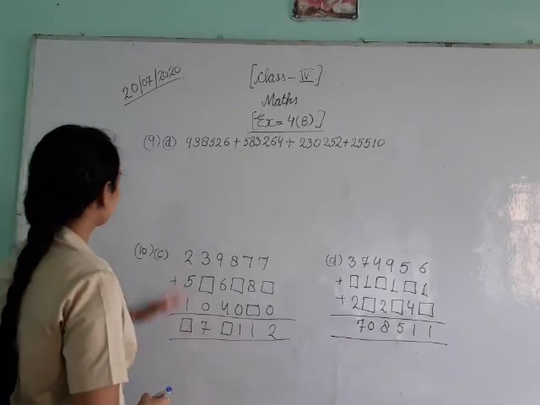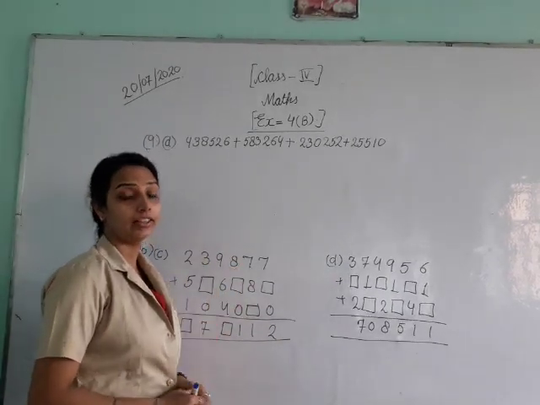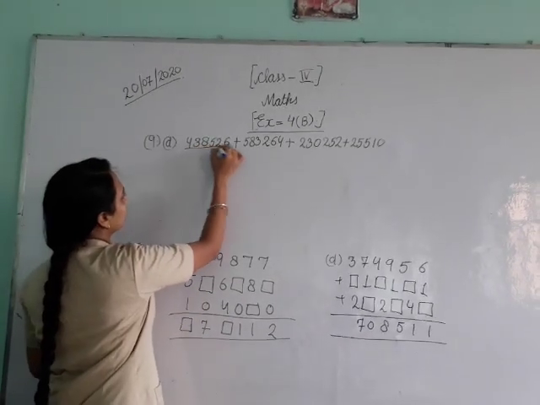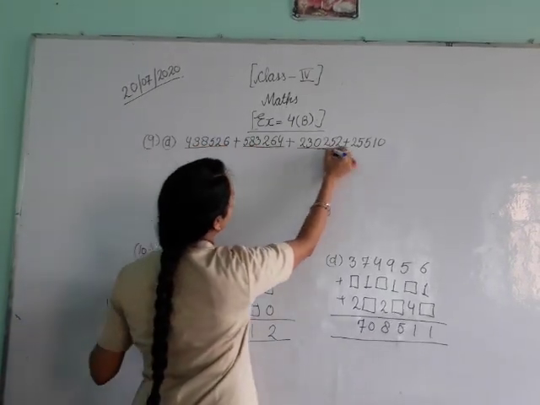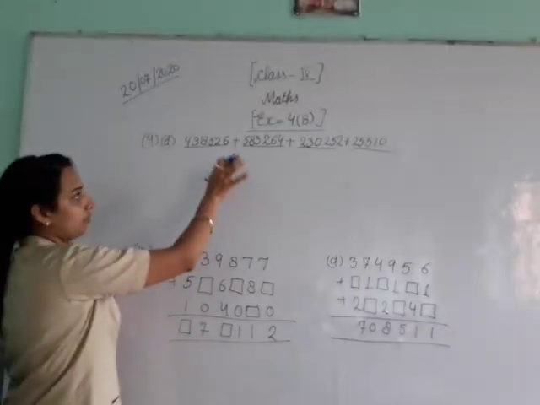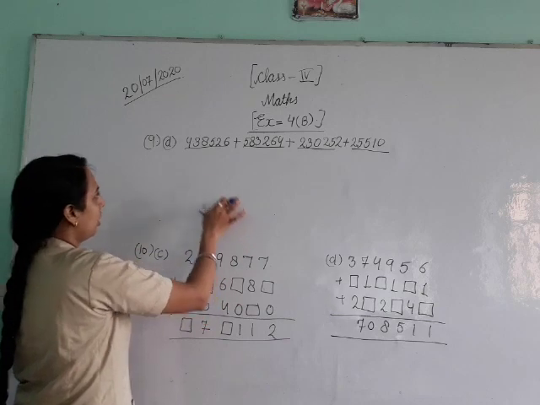Okay dear students, now this is our 9th question, D part I am taking. Okay, 3 digits are there again, 1, 2, 3 and 4. Again we have to do the same method, we have to put it in the column.